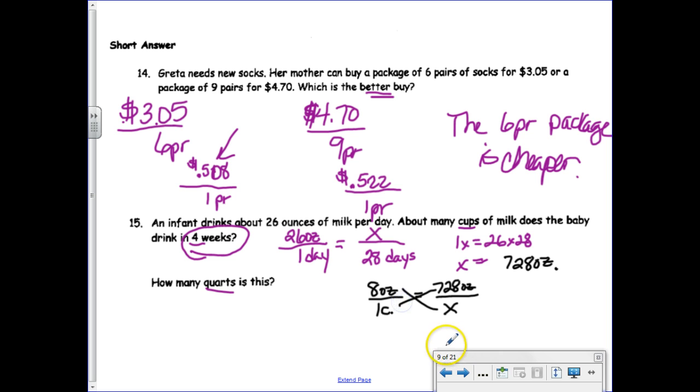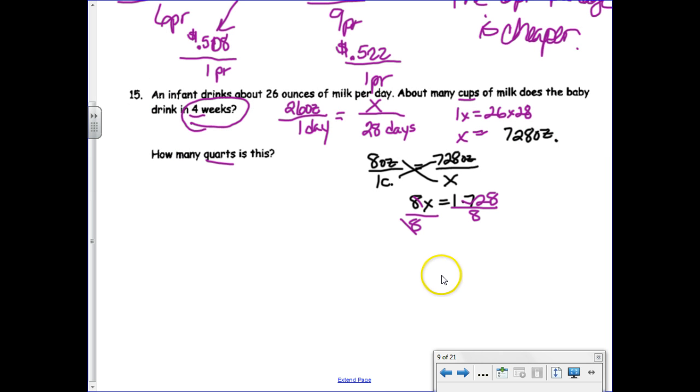And that's exactly what's going on here, because you get 8x equals 1 times 728. And then what you have to do is come back here and divide by 8 and divide by 8. And you end up with, I think, x is 91.